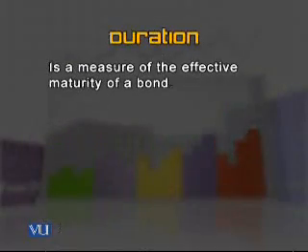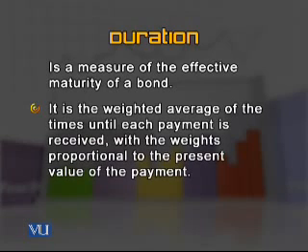So, duration is a measure of the effective maturity of a bond. Also, it is a weighted average of the times until each payment is received.